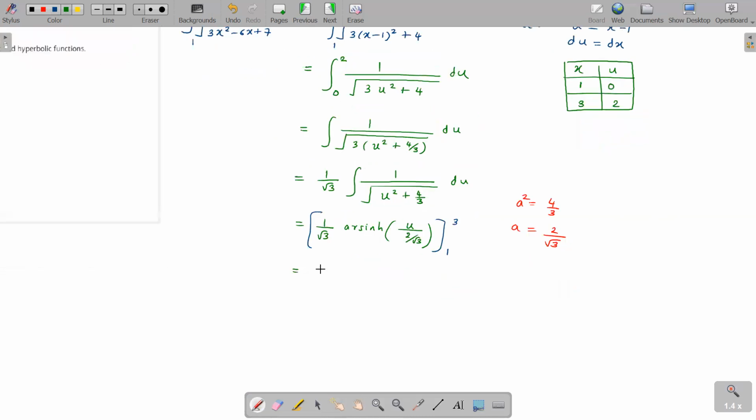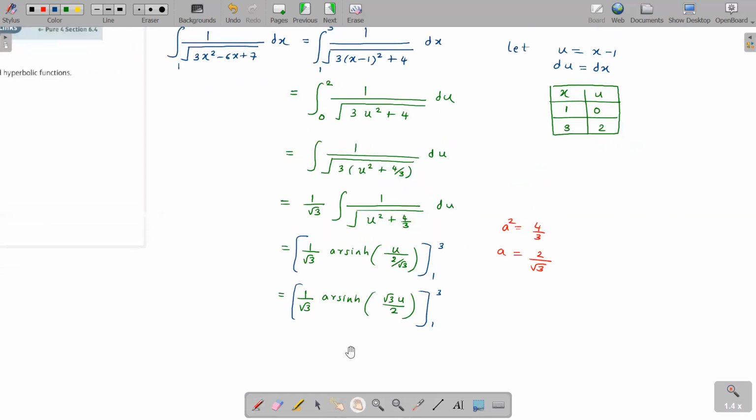So I get here 1 over root 3 arsinh, the root 3 can come up, right? Root 3. Our limits are from 1 to 3, no, limits are from 0 to 2. I'm sorry, I had input the x limits. The u limits are 0 to 2, right?